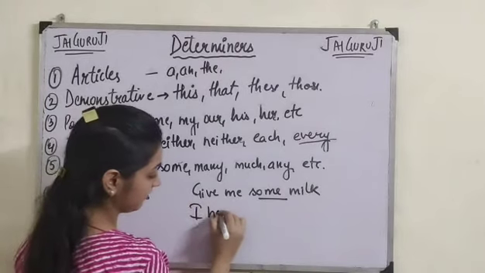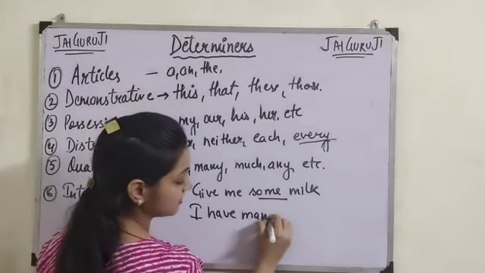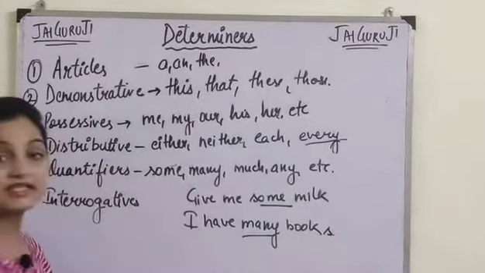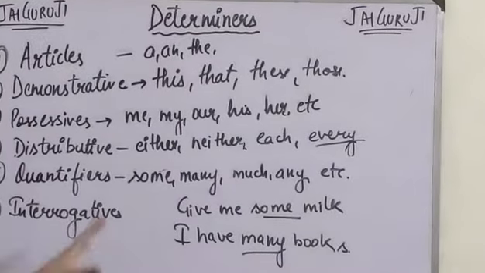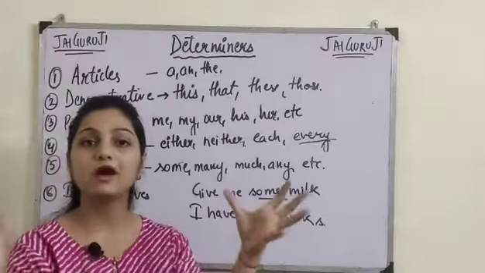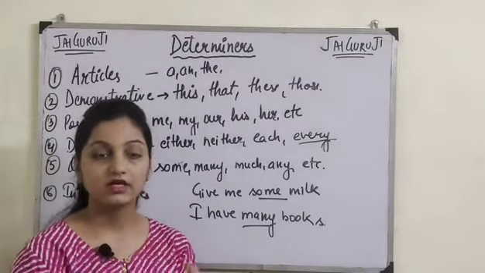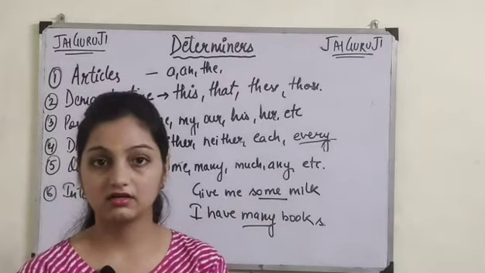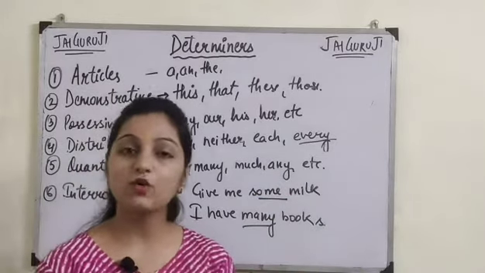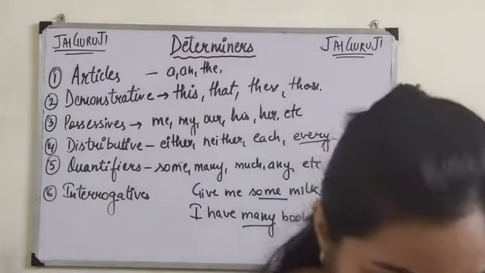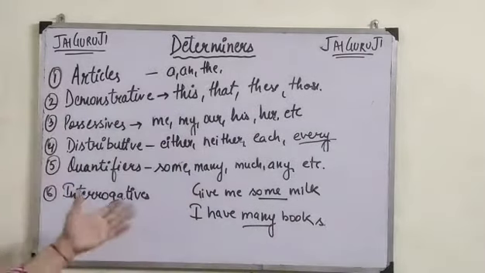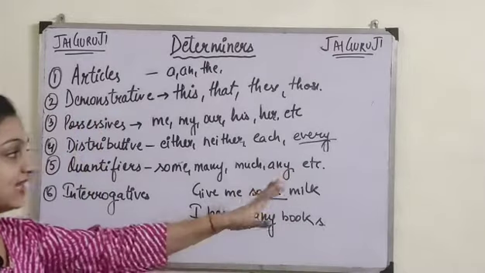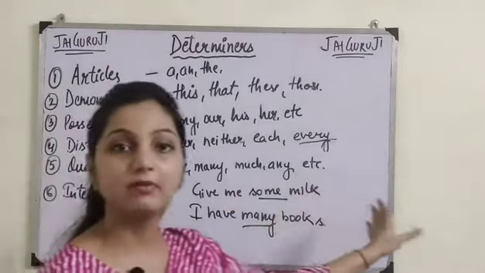I have many books to read. So here many is the determiner. So these are the quantifiers in which we are talking about the quantity. Little can also be part of it. Give me little milk. Amount basically. It can be many things like several. There can be more, etc. I am using etc. because there can be more of it.